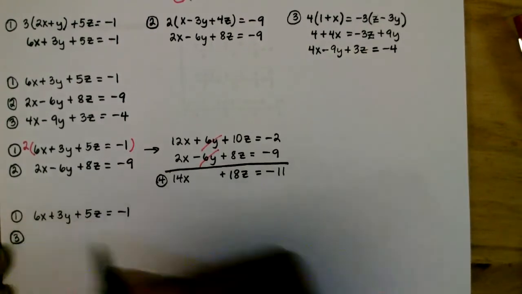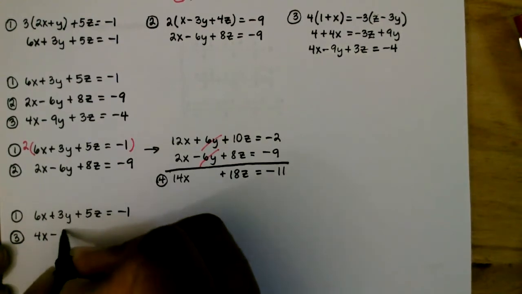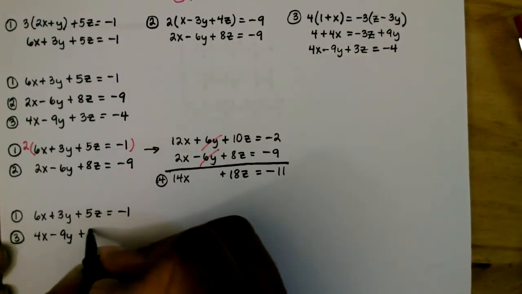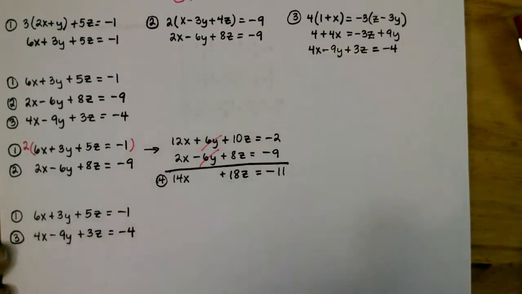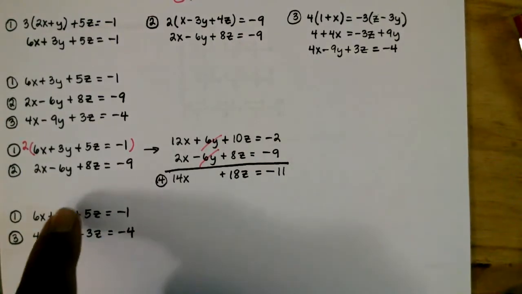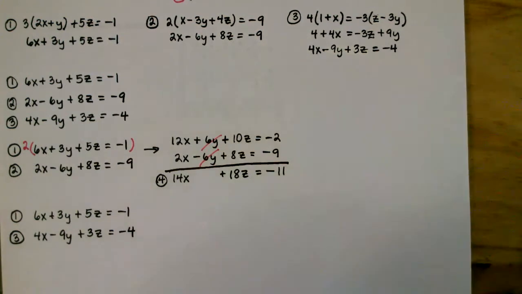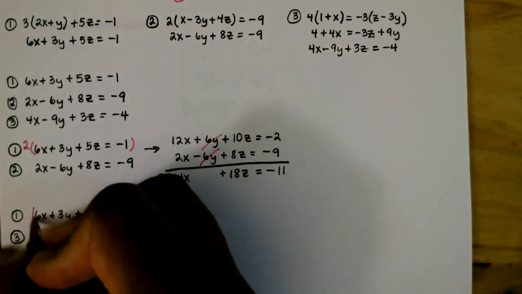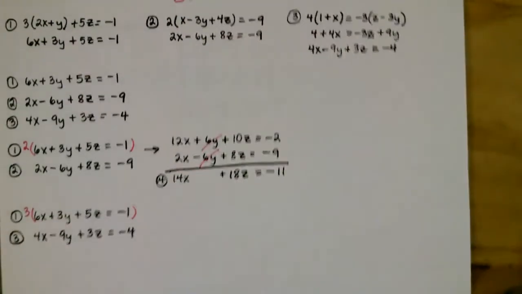Equation 3 was 4x minus 9y plus 3z is equal to -4. Well, I've already got the minus and the plus here, but let's make the 3y 9y. And to do that, I need to multiply equation number 1 by 3.